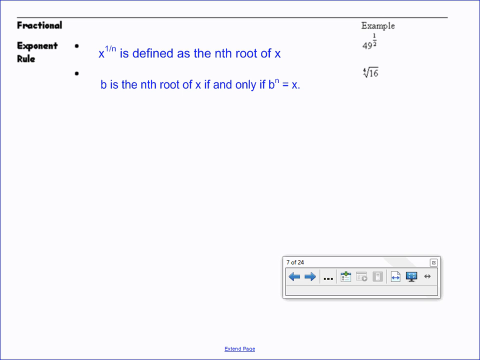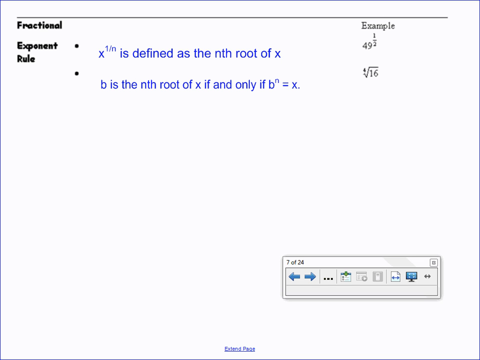And we did that in our activity last class. x to the 1/4 power will be defined as the 4th root of x. 32 to the 1/5 power will be defined to be the 5th root of 32, and so on and so forth.